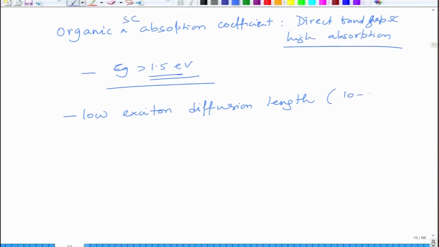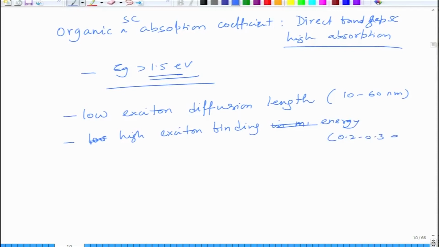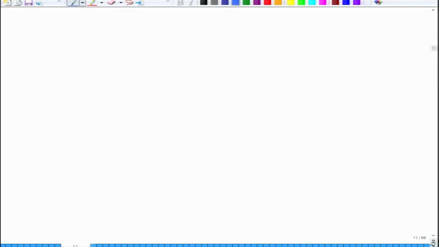It could be anywhere between 10 to 60 nanometers. Then they have a high exciton binding energy, of the order of 0.2 to 0.3 eV. Keeping these constraints in mind, you need to design an organic solar cell.